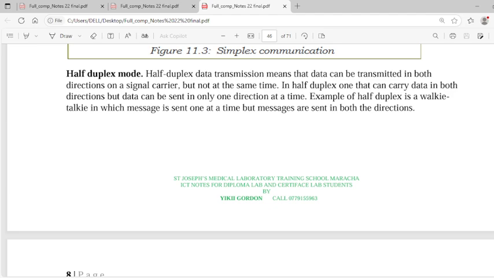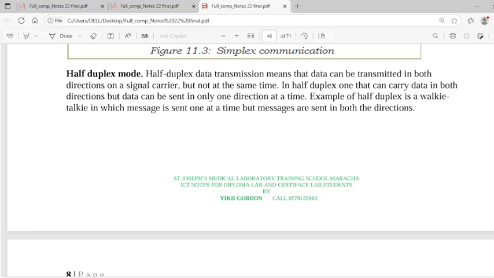In half duplex, unlike simplex, transmission of the data can be done in both directions on a single carrier, a single path or a single line, but not at the same time.